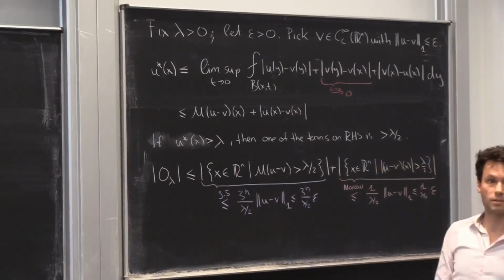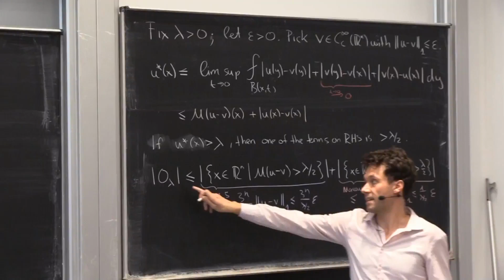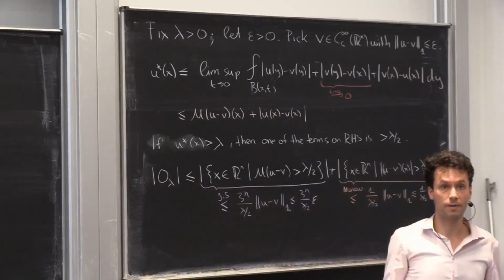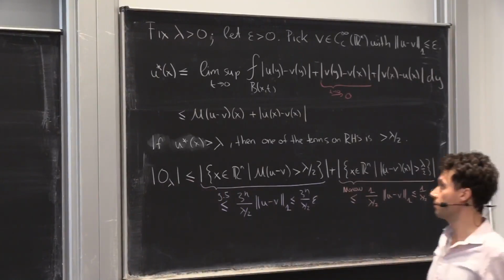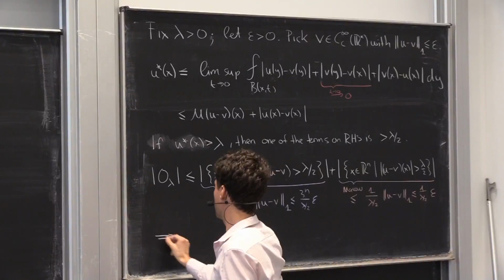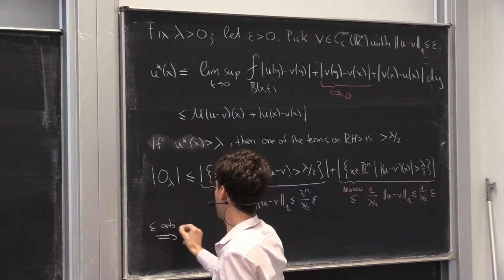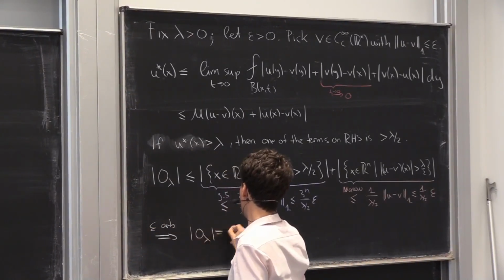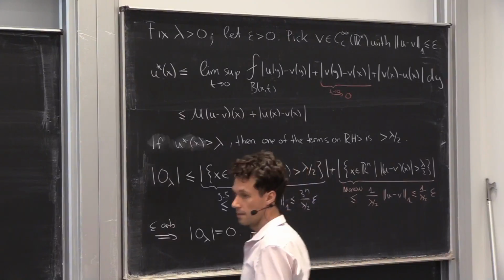So this is also epsilon small. So this means the set O lambda has epsilon small measure, but epsilon is arbitrary. So because epsilon was arbitrary, it follows that O lambda is a null set, and then we are done.